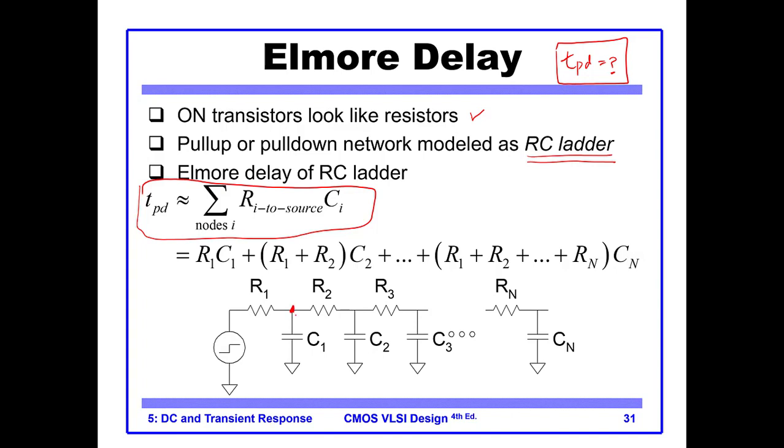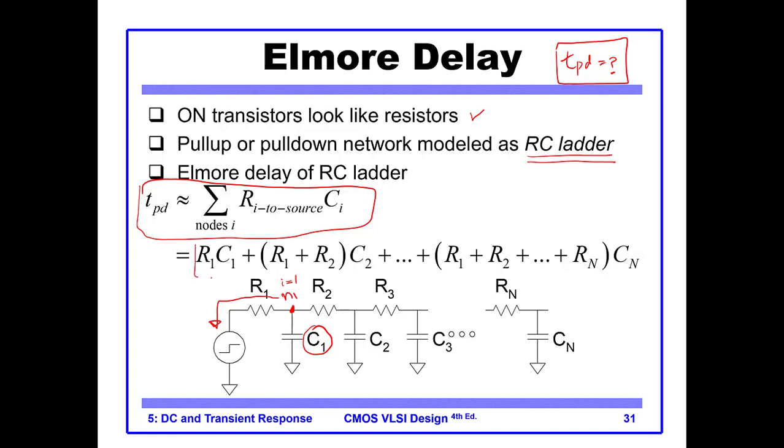So for example, this is our node N1. I start at a node, I see what is the capacitance on the node. So the capacitance on the node is C1, and then starting from the node, I go to the source. So i here is 1, node 1. From node 1 to source there is a resistance R1.